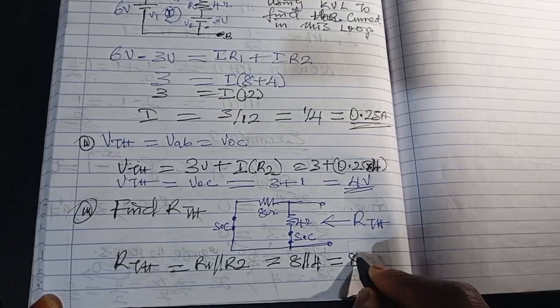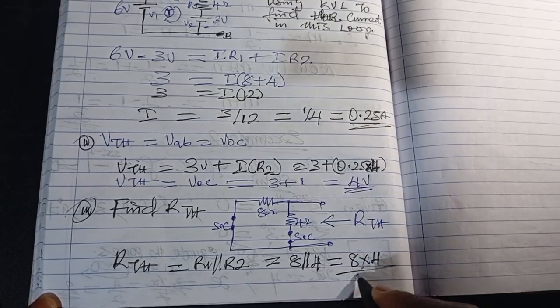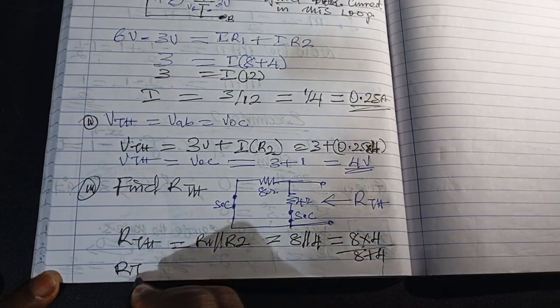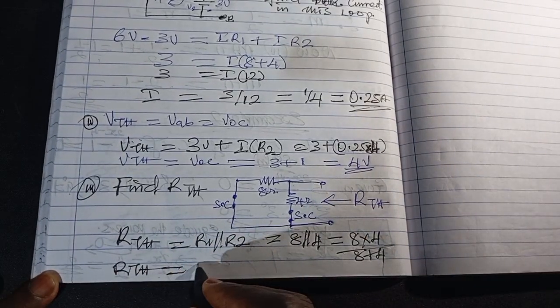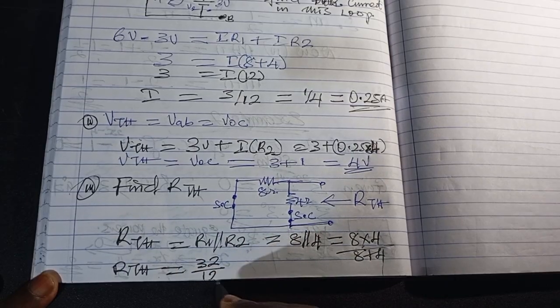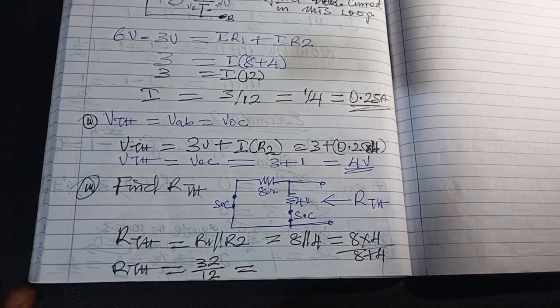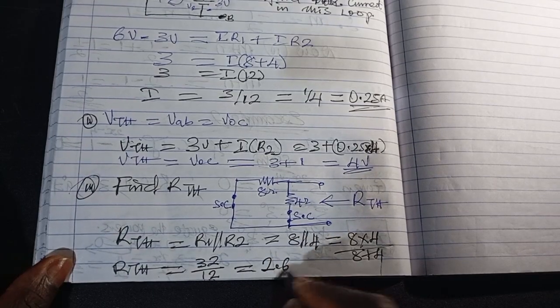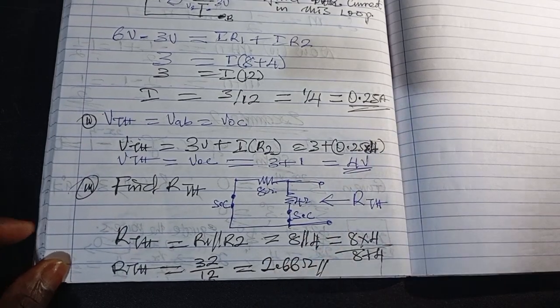We can now have 8 multiplied by 4 divided by 8 plus 4. So RTH will be equal to 8 times 4, that is 32, divided by 12. 32 divided by 12, you will have 2.66 ohms.